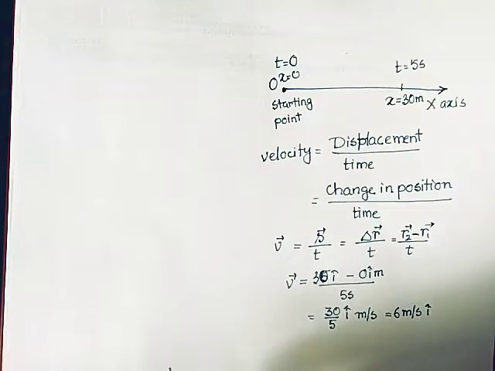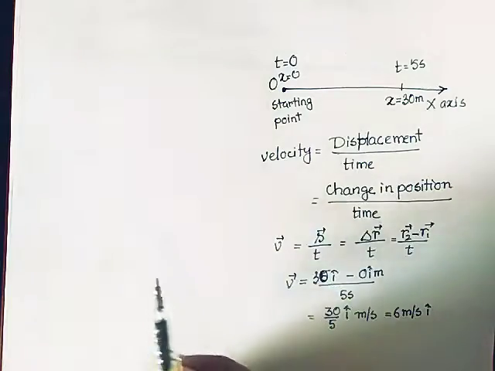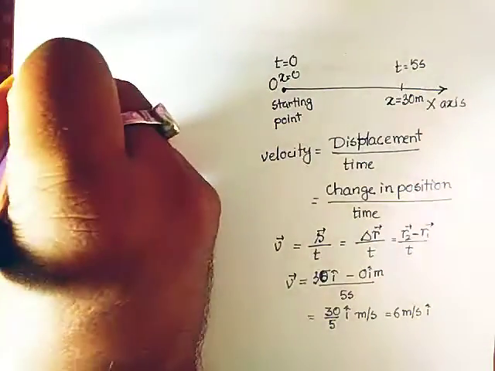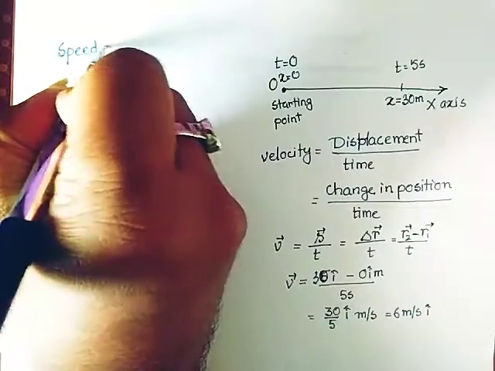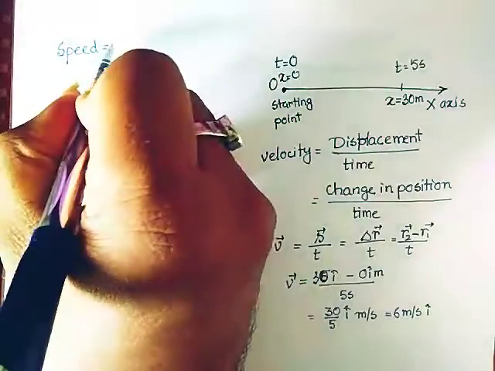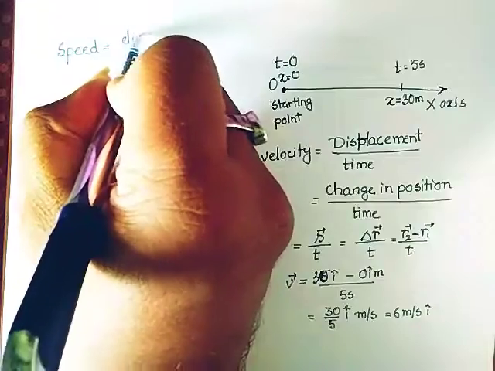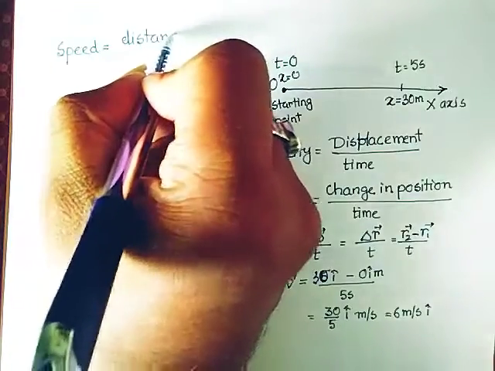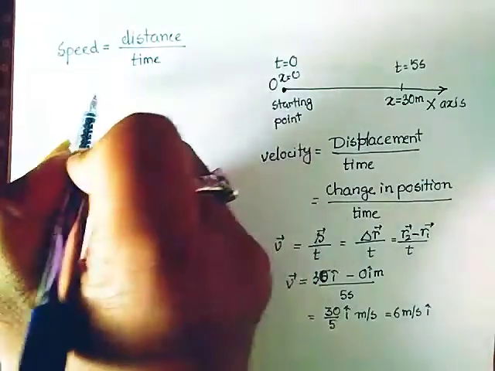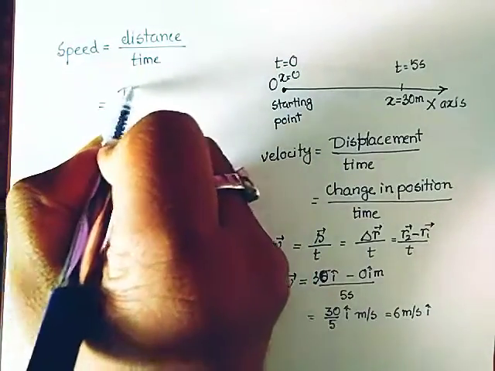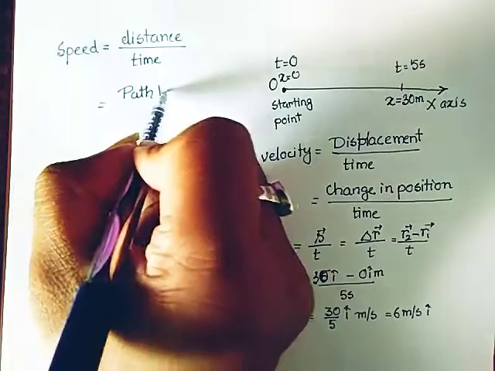If I am concerned about how the path length is changed with time, then at that time we have to define another quantity that is called the speed. That is basically denoted as distance by time, and distance is nothing but it basically indicates the path length.